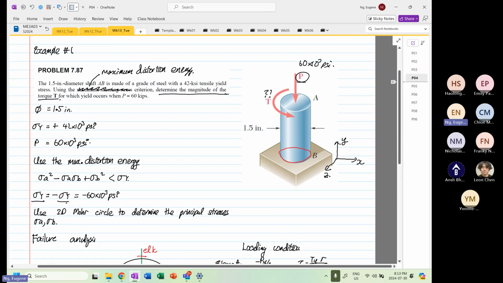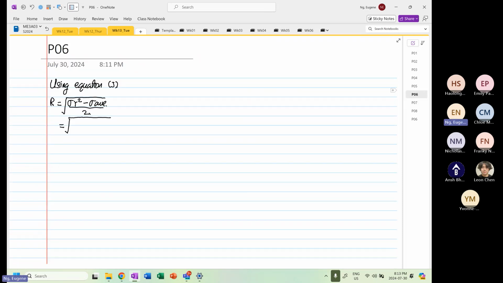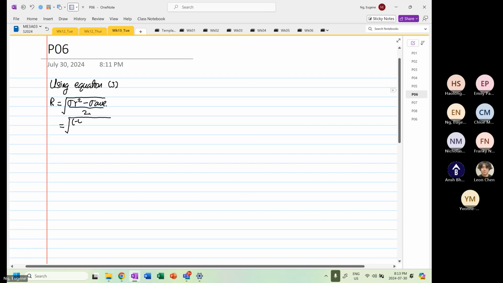The yield is at 42, so minus 42 times 10 to the power 3 squared minus our stress average, 16.977 squared, and the whole thing we divide by 3.